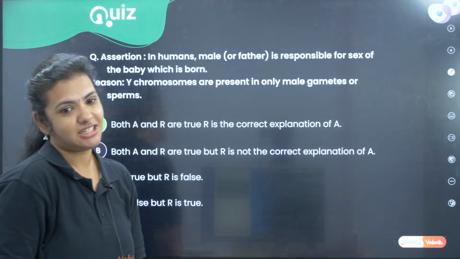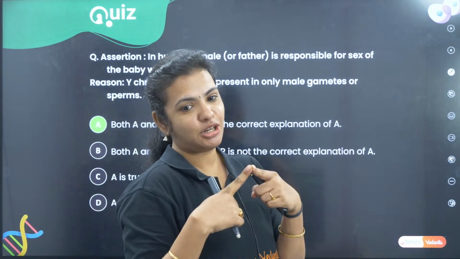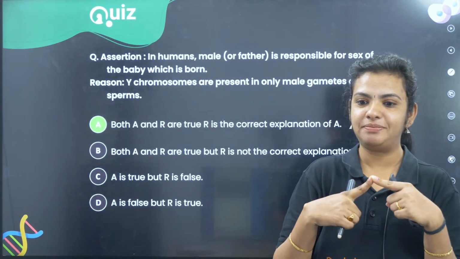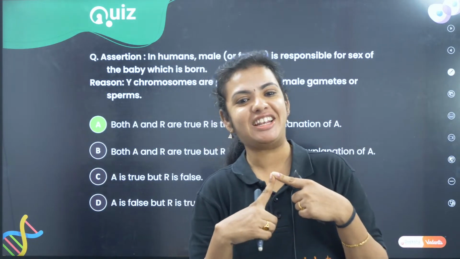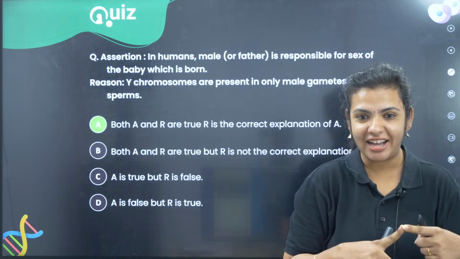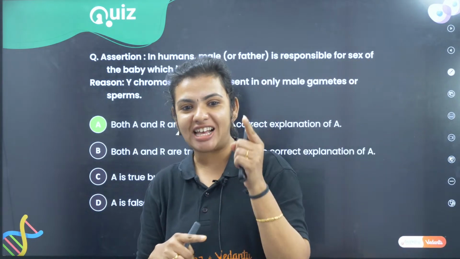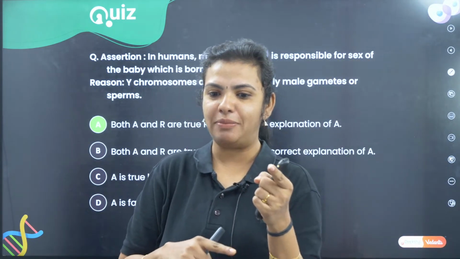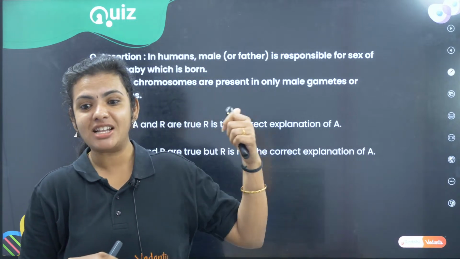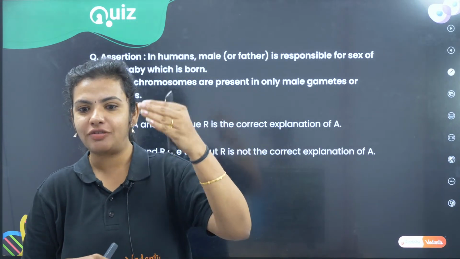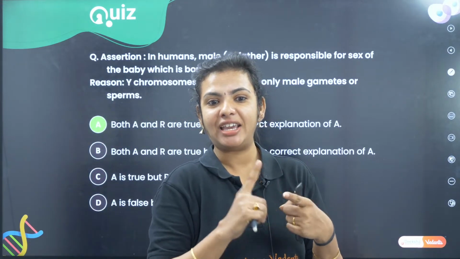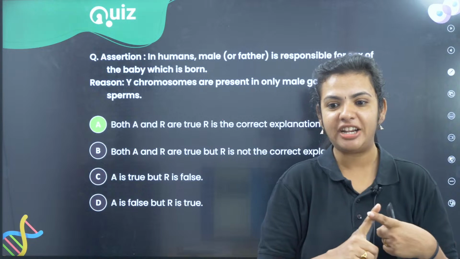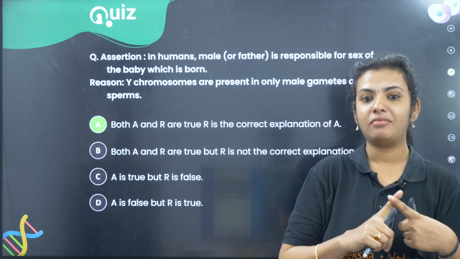Both are correct and there is a correlation between the assertion and reason. Somebody changed. So here it is the father who is deciding what is the sex of the baby. The answer is A, Purvika. Most of them have given A, which is correct. It is not B, it is A.